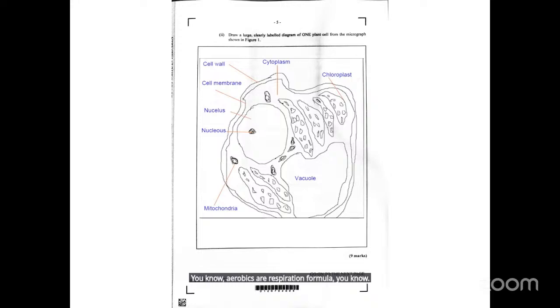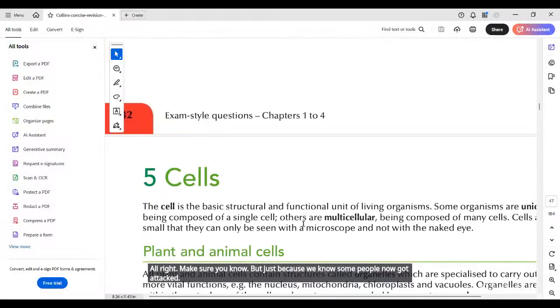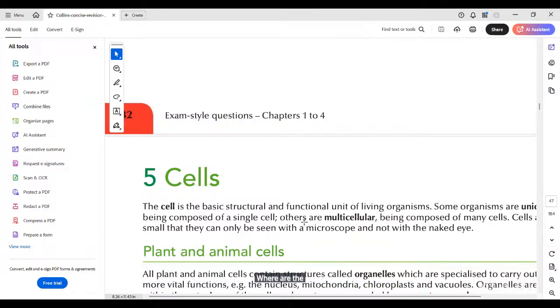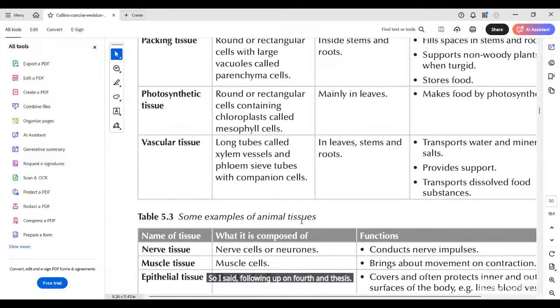We never see that. Yes, sir. The people around the back, them know. All right, make sure. But just because we know some people now go talk, we're going to look and see. So what's the formula for photosynthesis? Anybody know?